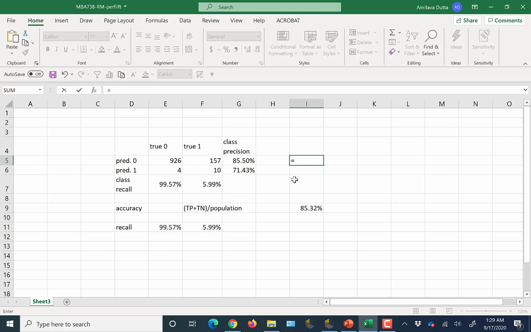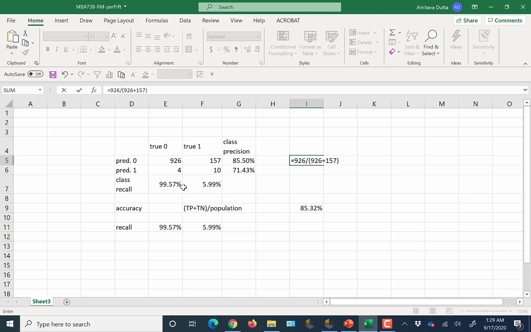For class 0, the non-CHT patients, the model predicted 926 were non-CHT. So the numerator is 926. And the total number that the model predicted as non-CHT was 926 plus 157.